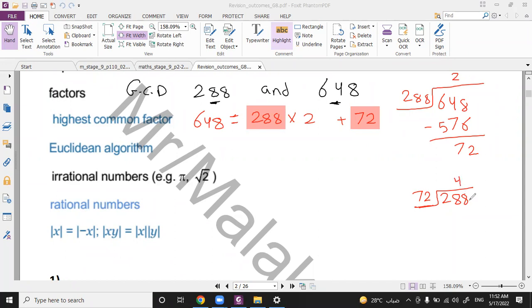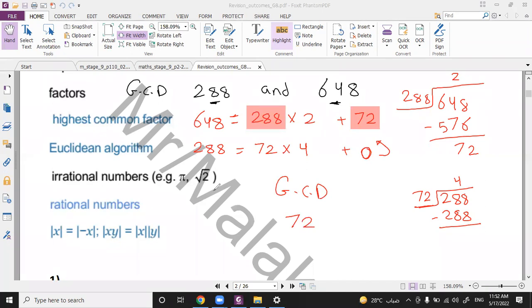Let's try 4. So exactly 288 equals 72 times 4 plus 0. When you get 0 as a remainder, take the number above it. So the GCD is going to be 72.